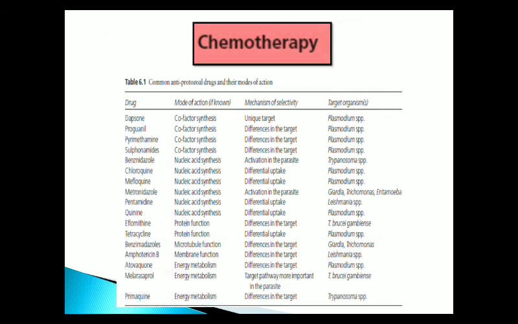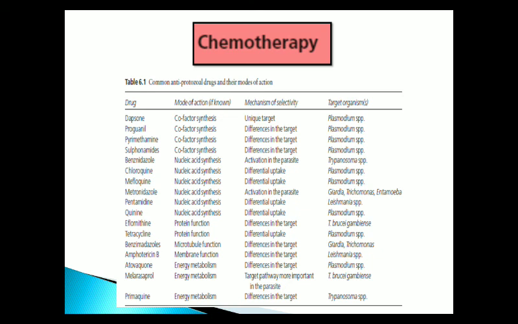So these are some examples of anti-protozoal drugs that help to protect us from the disease or the extensive effect of protozoal diseased condition, such as dapsone. Their unique target is cofactor synthesis of Plasmodium species.